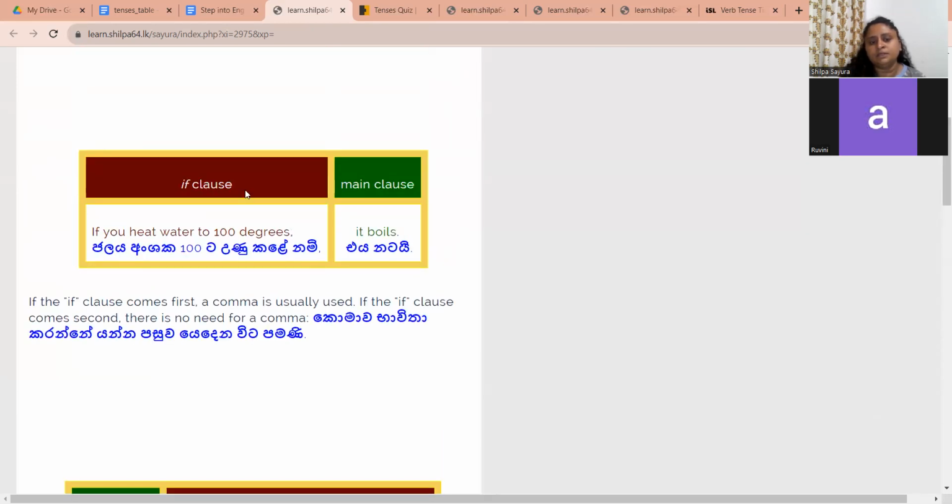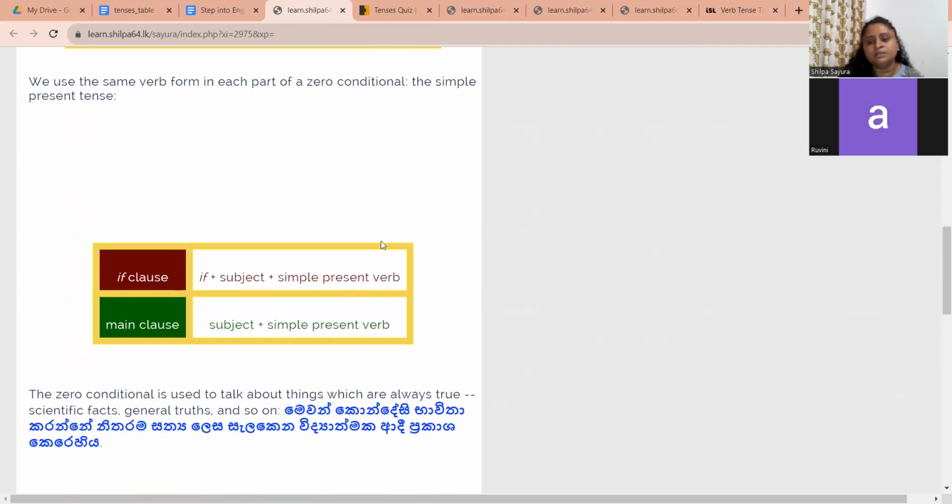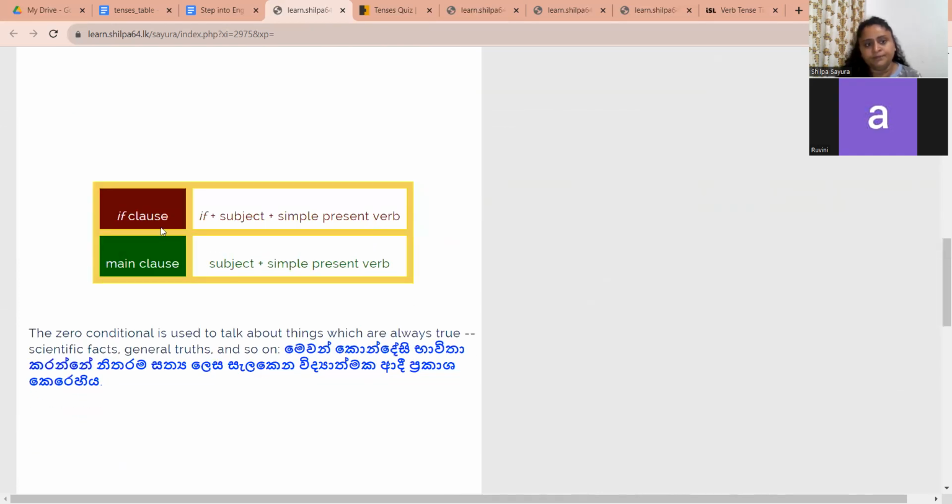If clause and main clause are both in simple present tense. That is what we call zero conditional. Right? So if clause, this is the formation. If you boil water, main clause, it boils, subject, simple present verb.